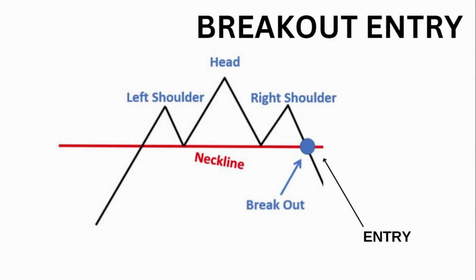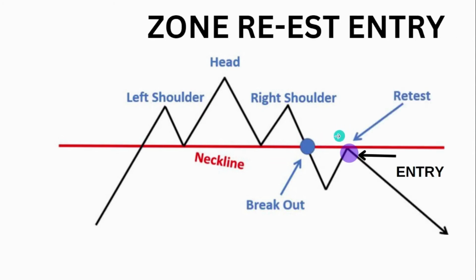The second type is more conservative, if you want to take the safety measure and wait for the retest. So the second type is the retest, when you take the zone retest entry. After the breakout, we wait for price to retest the resistance, because originally it was the support, now it's the resistance.